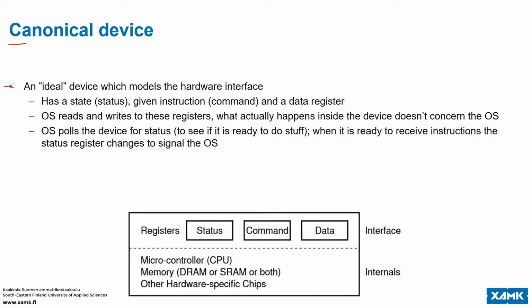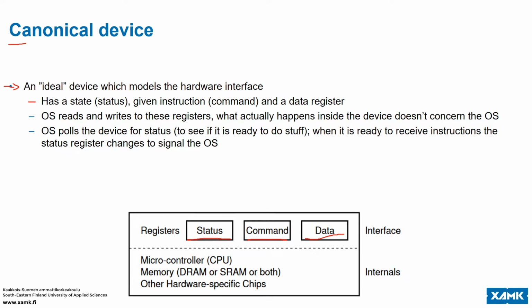A canonical device is an ideal model of a device which basically dictates what a hardware interface needs to look like. So this ideal device has a state, as in a status register, some given instruction or a command in a register, and also a data register.